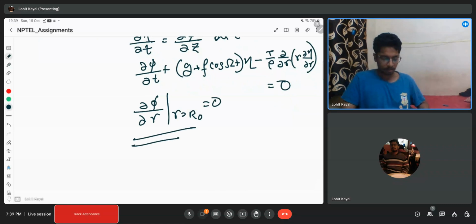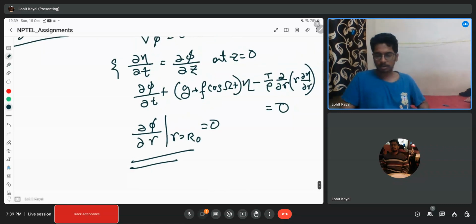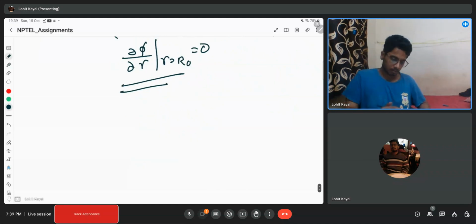This is the no penetration condition. This is the kinematic boundary condition. This is the Bernoulli equation at the interface. Okay. So we know the solution.